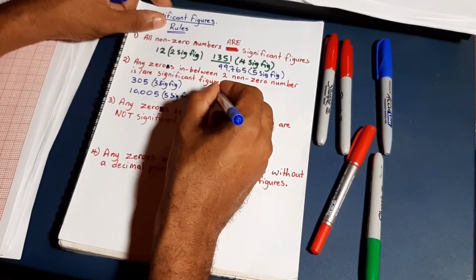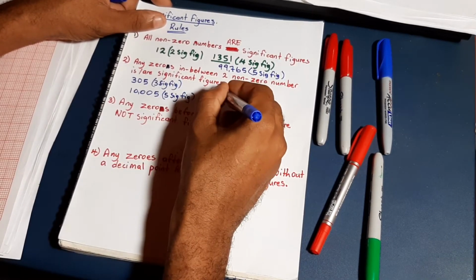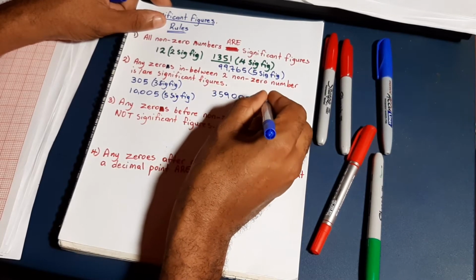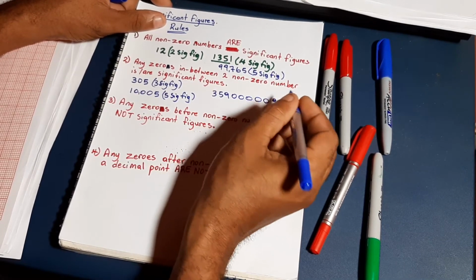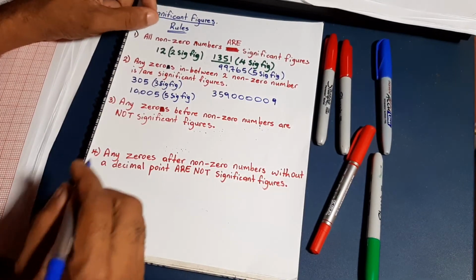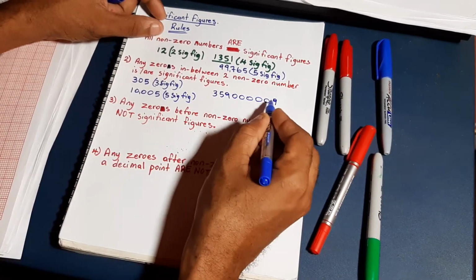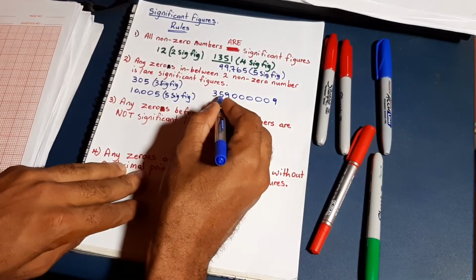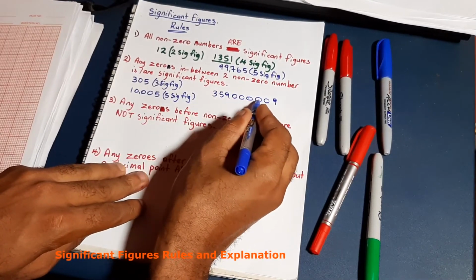So let's go through another one. Let's say, for example, we had 359000009. Now, how many significant figures would this be? Remember, these zeros are in between 2 non-zero numbers. So we would have 1, 2, 3, 4, 5, 6, 7, 8, 9.